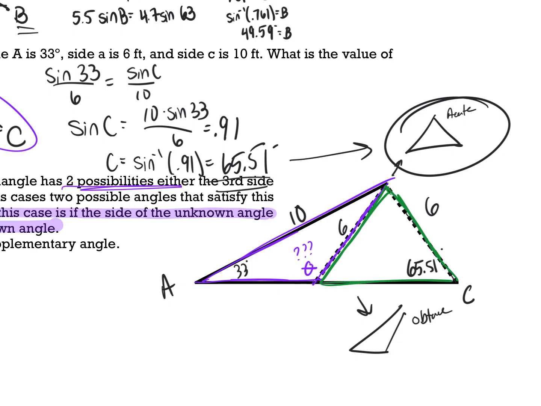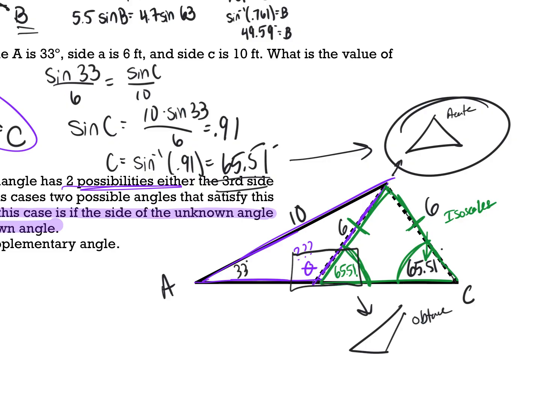So there's not much we can say about this triangle because we only know one angle, but we do know two sides that are equal, which means this is an isosceles triangle. And if you recall, isosceles triangles have two equal sides as well as two equal angles that form the equal side lengths. So if we found this angle, we know that this angle must also be 65.1 degrees.